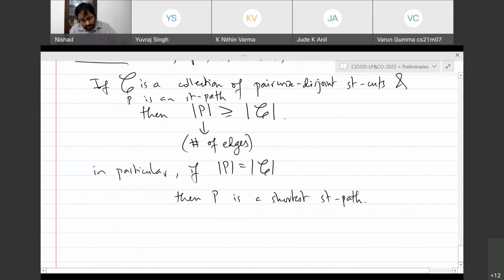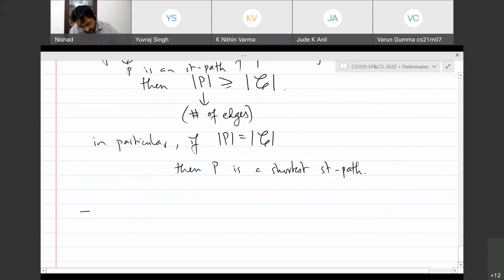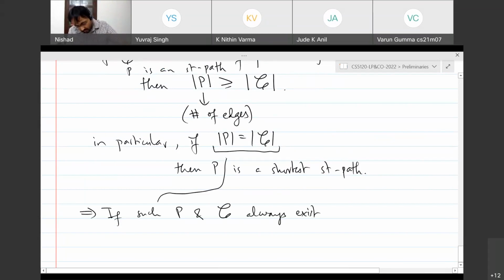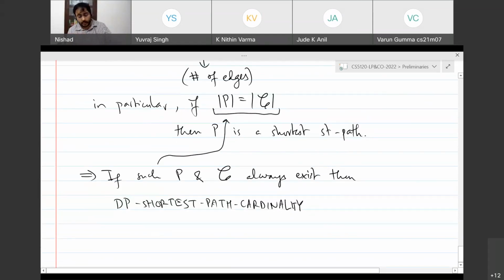Right? So in particular, if such P and C always exist, by that I mean equality, then the decision problem shortest path, cardinality version, you can convince anyone that a given path is a shortest path.